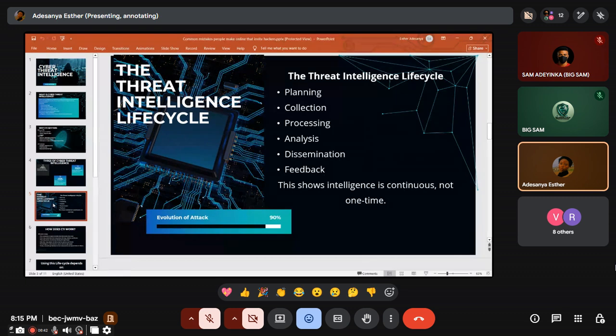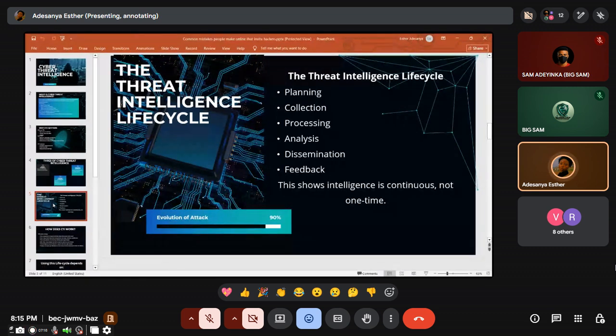Planning involves what needs to be protected, identifying the gaps in the current intelligence that should be worked on, and finding threats and how to stop them. It is basically laying out the plan and what to do and how to go about it.